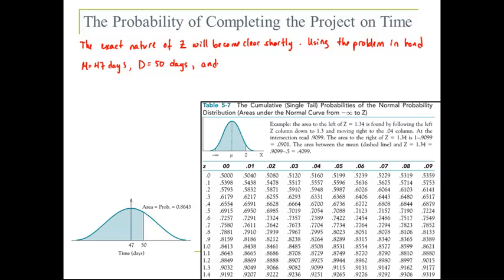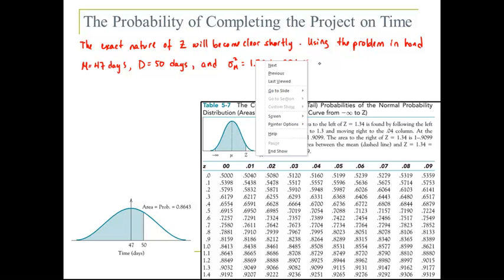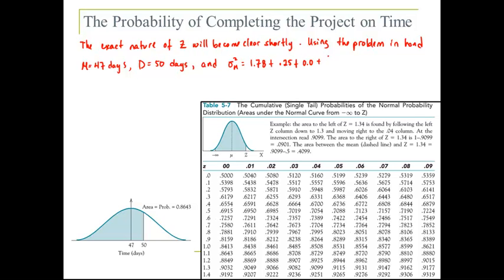And the variance, or sigma squared of mu, is going to be equal to 1.78, which is the variance of activity A, plus 0.25 plus 0 plus 4.0 plus 1.36, and that's going to be equal to 7.39 days. So we are adding the variances of the tasks in the critical path.